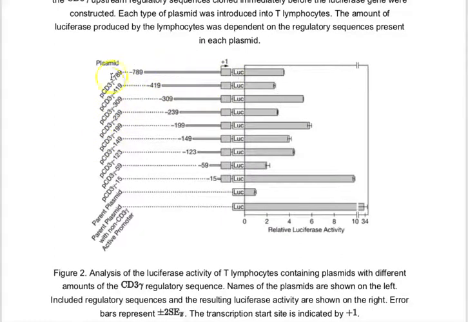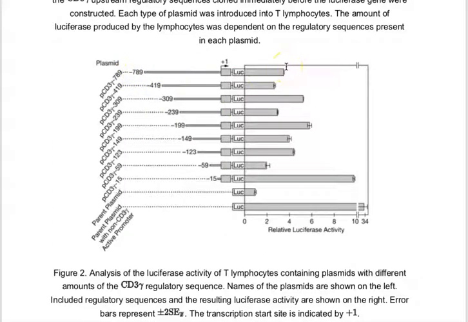And then you can compare these CD3 promoter plus different fragment lengths with relative luciferase activity. So you can see here, and again, it doesn't tell me what the units of luciferase activity are, so I'm just going to tell you the numbers.